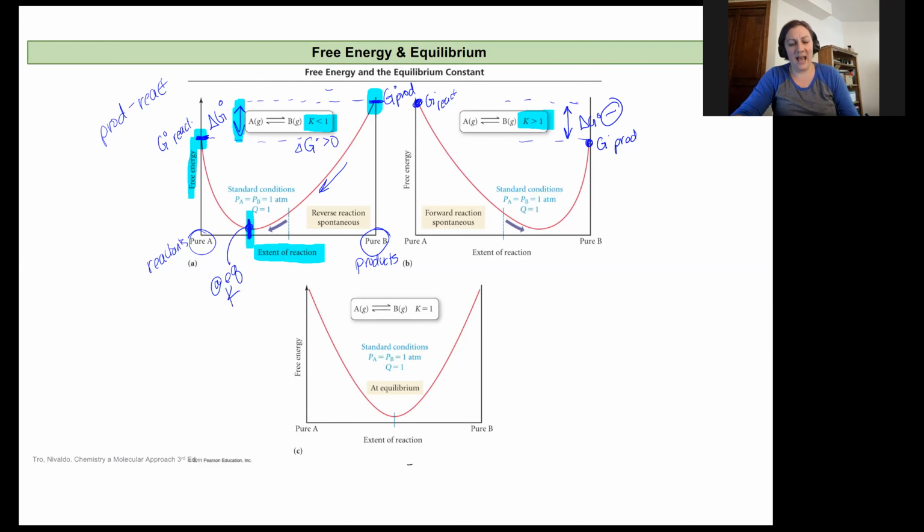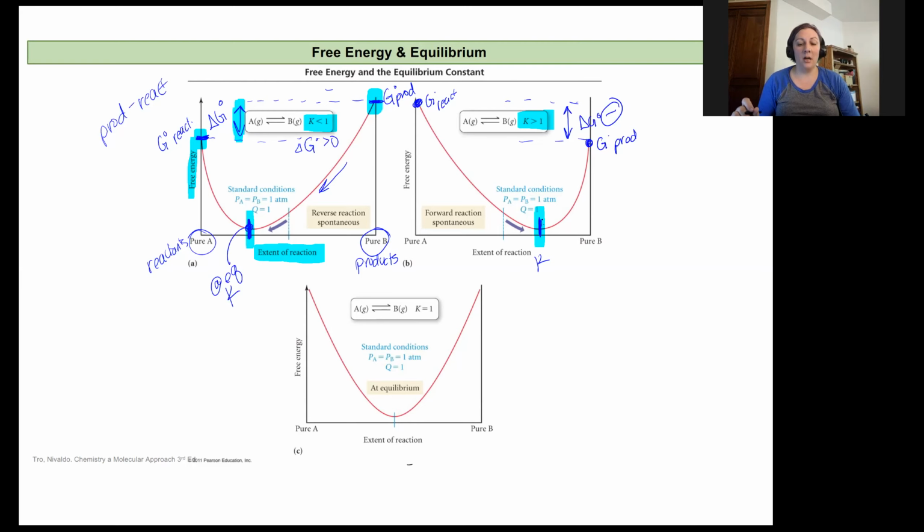So when we have a negative change in energy between reactants and products, we see that graph shape change, so that our local minimum is now at a point in the extent of the reaction where we have more products than we have reactants. And so when we reach equilibrium, when we hit K, we're going to have more products than reactants because of that difference in our free energy.